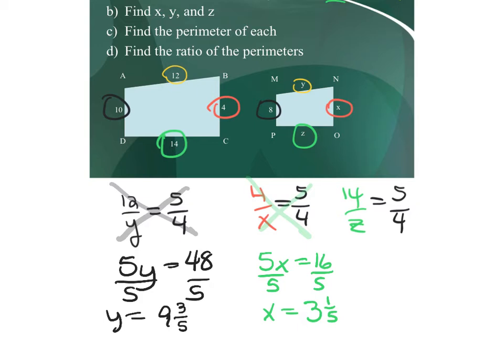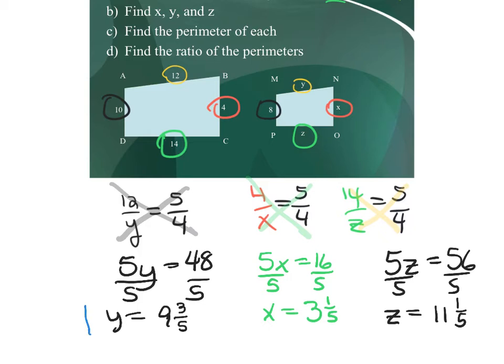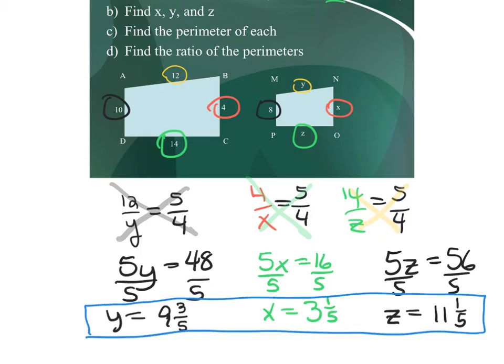And the last one, 5 times z, 14 times 4. Divide by 5. And 5 goes into 56 11 times with 1 left over. So these are the answers to part B, the values of each of these side lengths, x, y, and z.